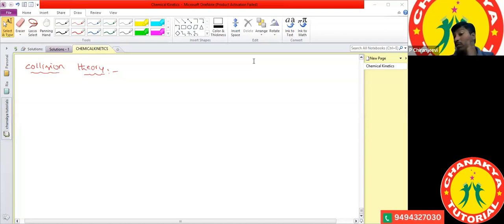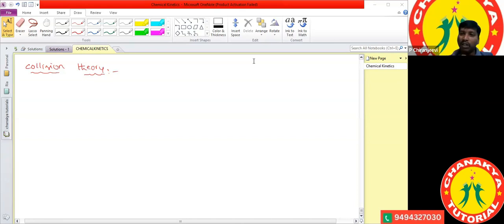There also we study about the temperature. So collision theory is applicable for gaseous molecules. Generally, small tiny particles are called gaseous molecules. The volume of a gaseous molecule is completely negligible compared with the volume of the container.